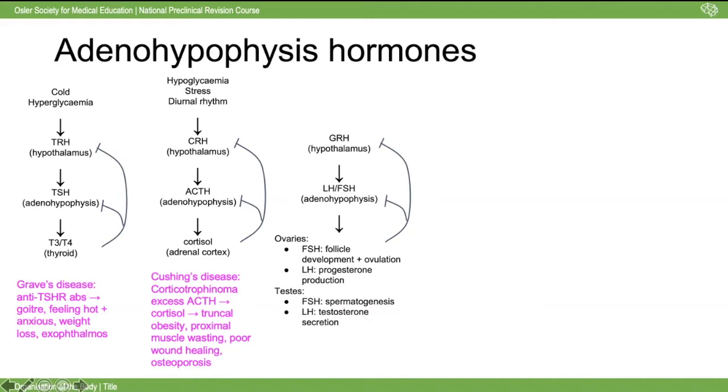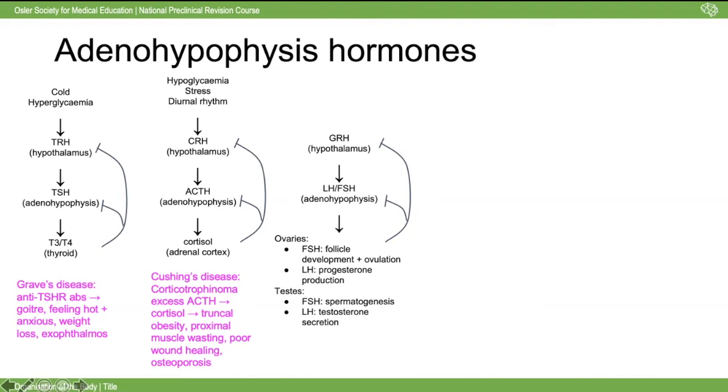So in the ovaries, FSH stimulates follicle development, like its name suggests, and it also stimulates ovulation. And then LH stimulates progesterone production. And then in the testes, FSH stimulates spermatogenesis and LH stimulates testosterone secretion.